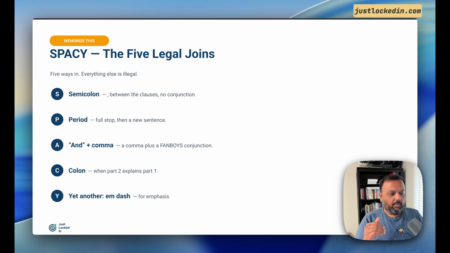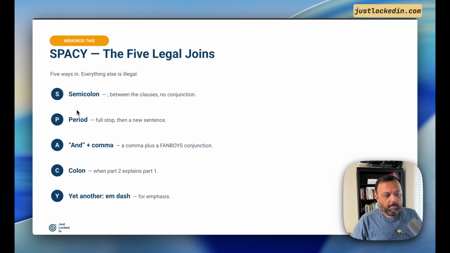So for now, don't worry too much. So A stands for and, C stands for colon, and Y stands for an M dash. Okay, it's yet another way to represent a colon, or M dash can replace the colon in a situation where a colon is used. All right. So that's SPACY. So remember this mnemonic.